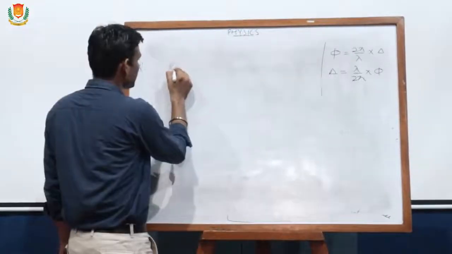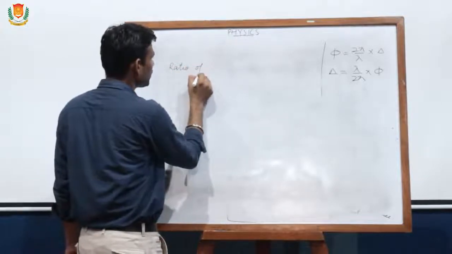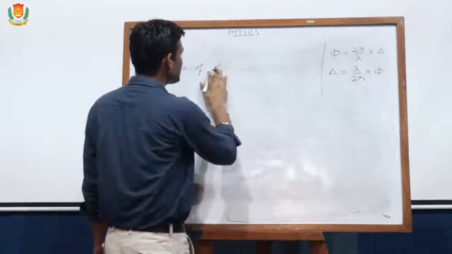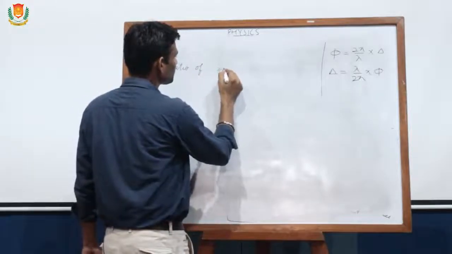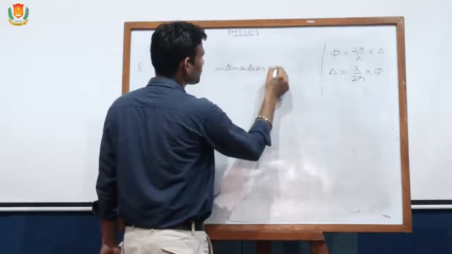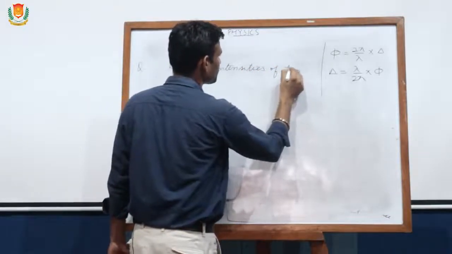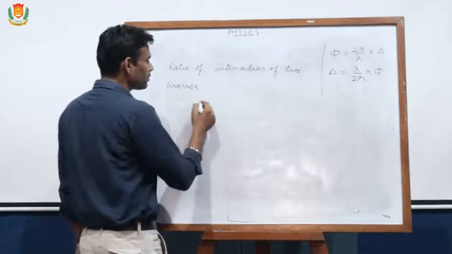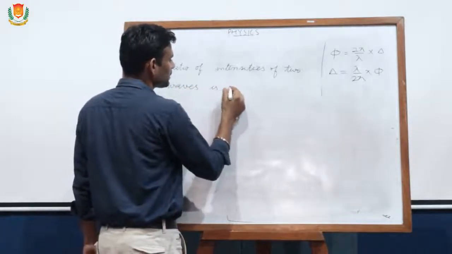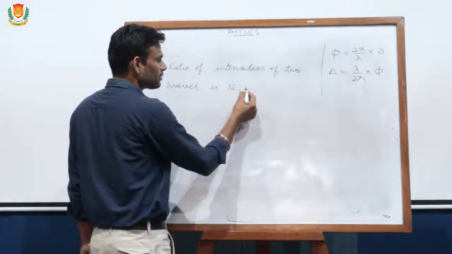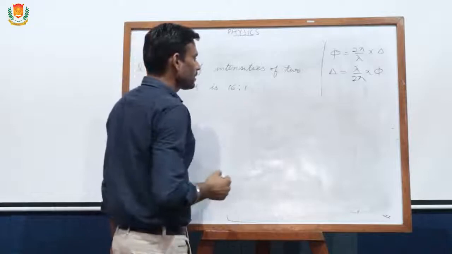Given the ratio of intensities of two waves is 16:1.